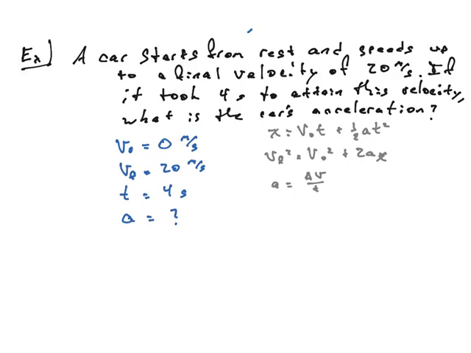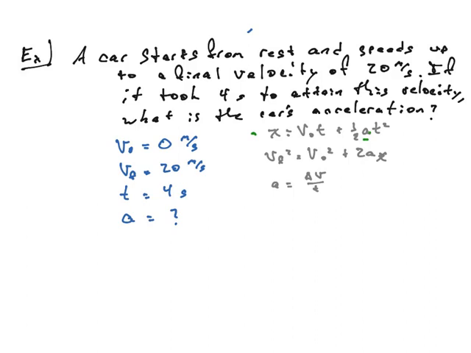And the way I do it is quite easy. I just start looking at them. I say, okay, what about this first equation? x is v naught t plus 1/2 a t squared. Can I use the equation? In order to answer that, I say, okay, what am I looking for? I'm looking for a. Does the equation have an a in it? Yes, the a is right there. Good.